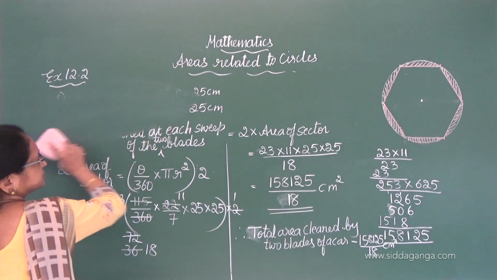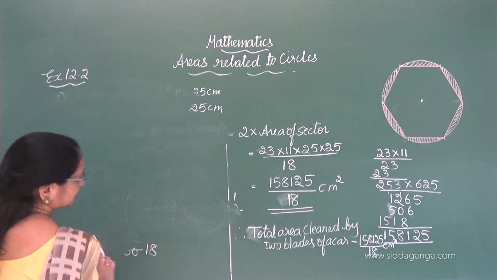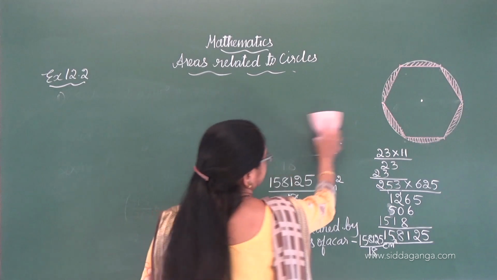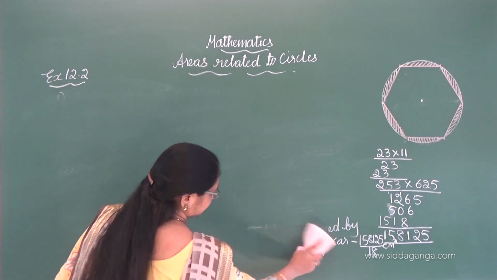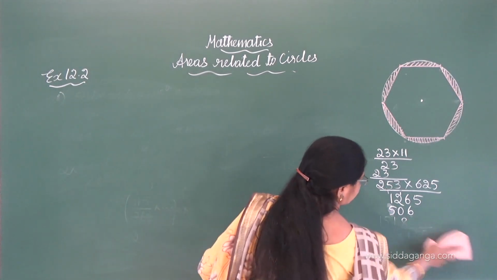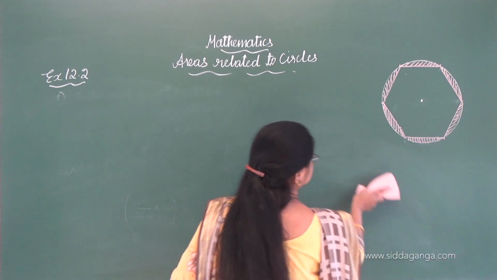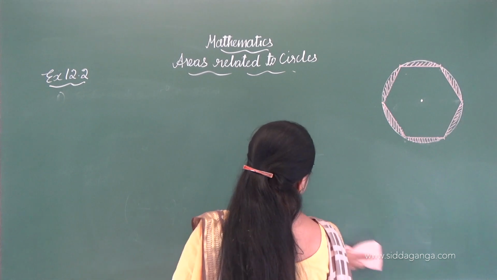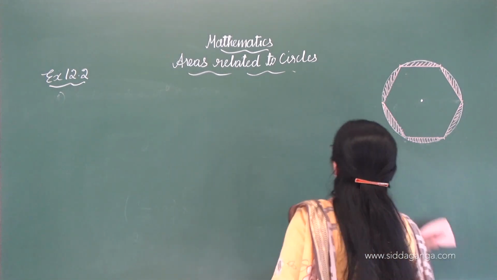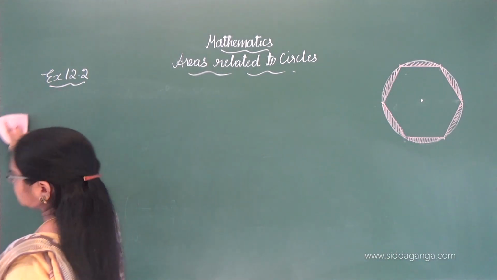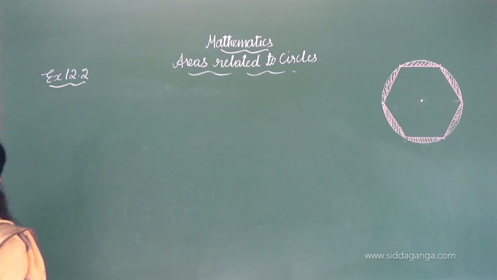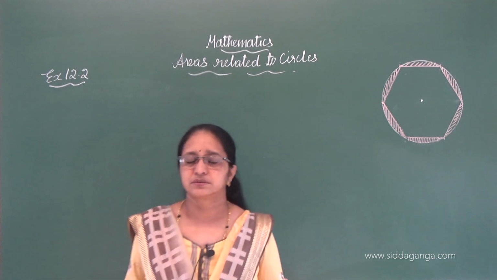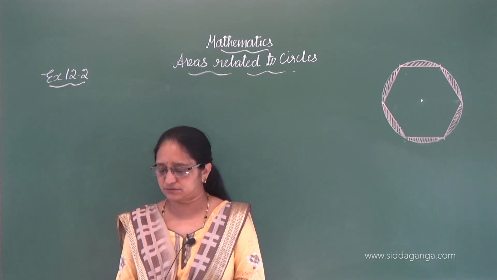Okay. Now this is the 11th sum. It's a simple sum, just area of the sector you need to find out. Next one, try to read the question and try to draw the diagram, and you have to imagine it.